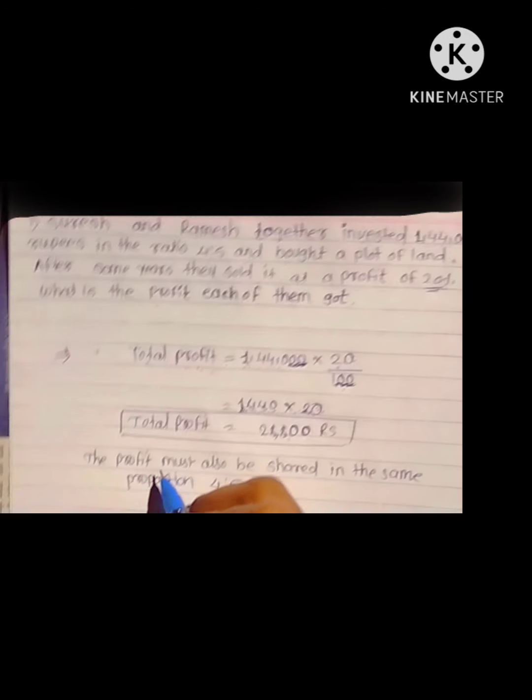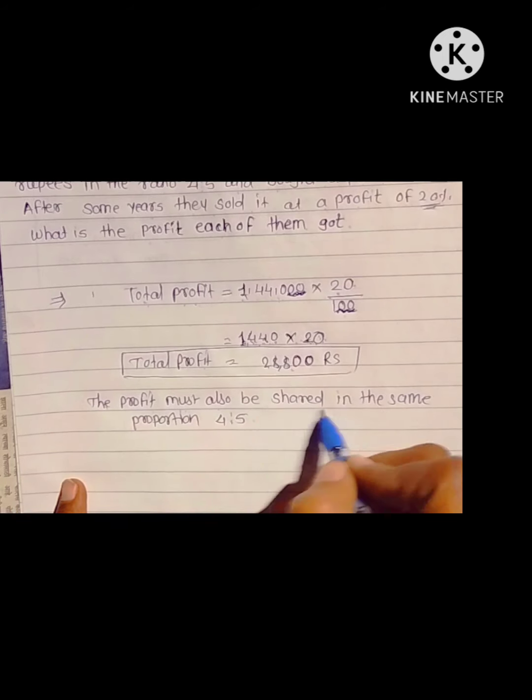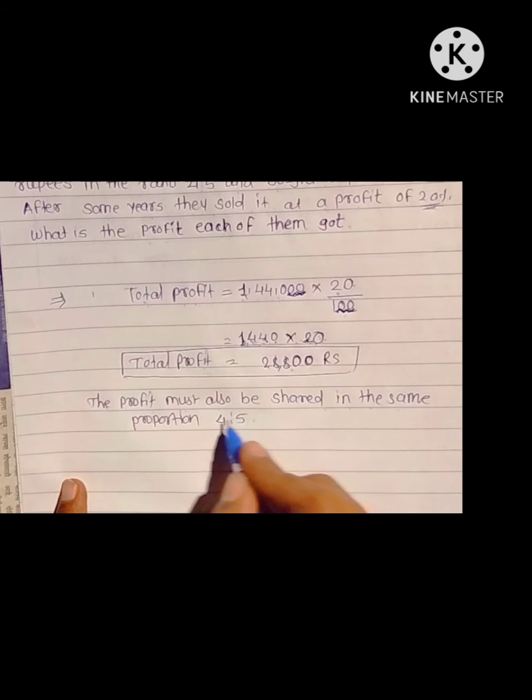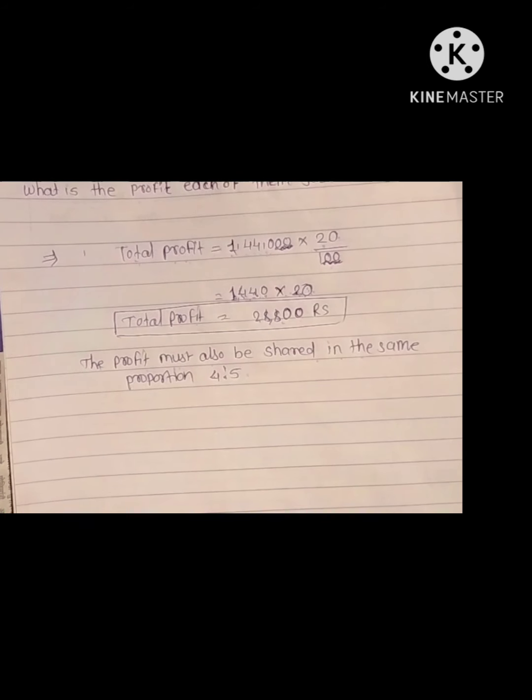So next step is given here. The profit must also be shared in the same proportion. Now that proportion is 4:5. Now we will find the profit of each of them.